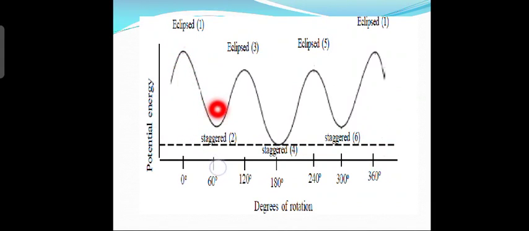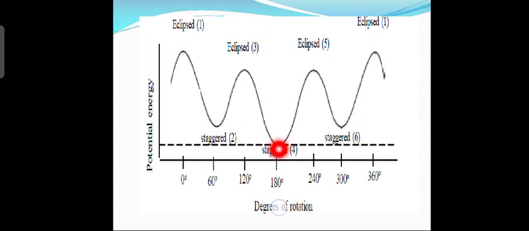Then the second conformation is the staggered form, with less potential energy. Less potential energy means it is more stable; high potential energy means less stable. The third conformation, eclipsed, has higher potential energy but less than the first one. Then the fourth one has less potential energy, lower than the staggered second conformation.